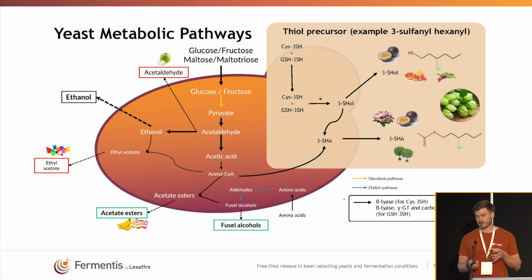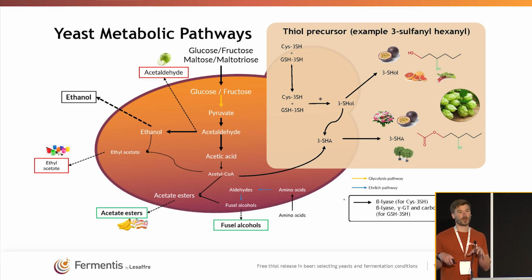Those precursors get inside the yeast cell, and thanks to the enzymes I just mentioned, beta lyase and gamma GT carboxypeptidase, the chain is cut, and the thiol is released inside the yeast cell, under the alcohol form first.